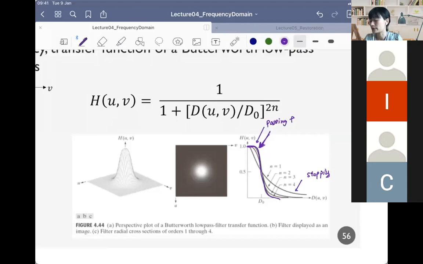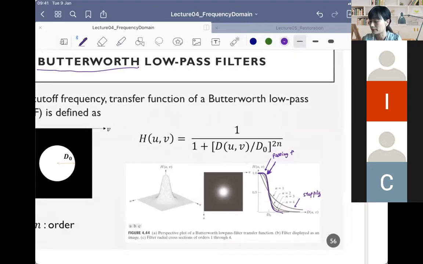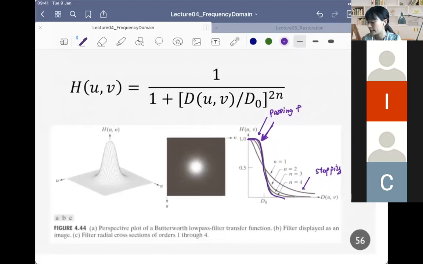So what is different between the Butterworth and the ideal filter is that there is a transition. It does not change immediately from 1 to 0. It gradually changes from 1 to 0.